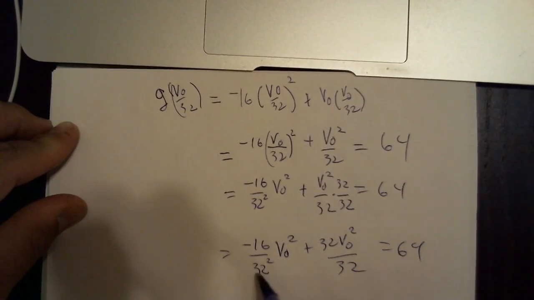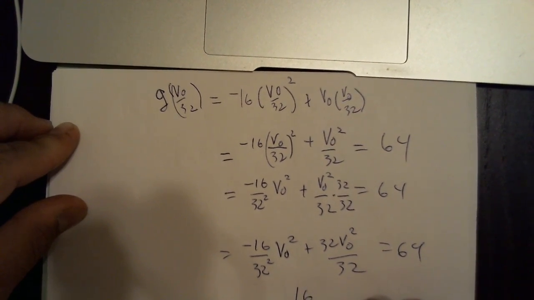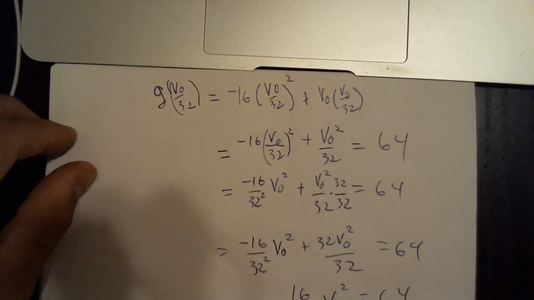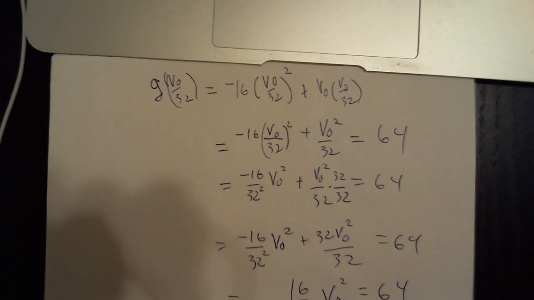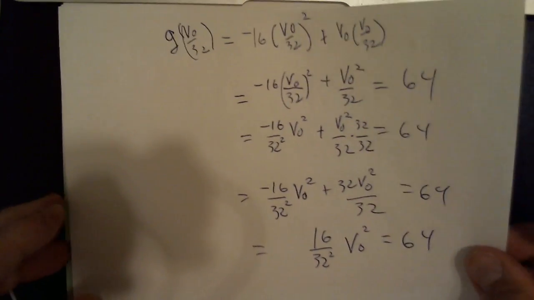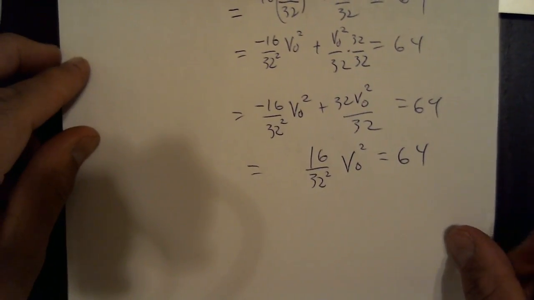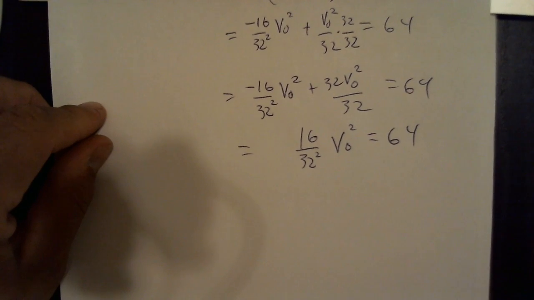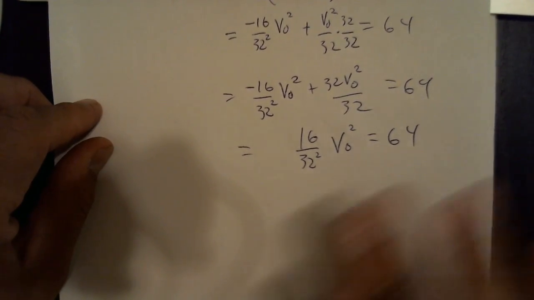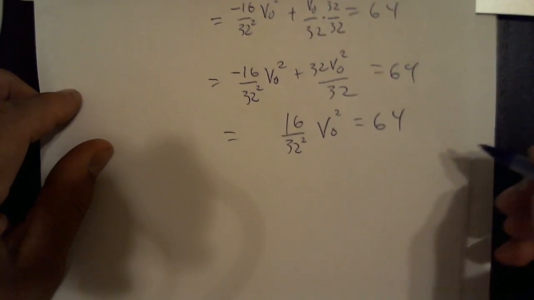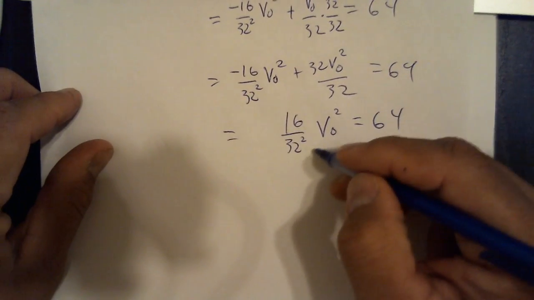Adding these up, this gives me 16 over 32 squared times v0 squared equals 64. Notice I haven't multiplied any of these out; we don't have a calculator, so I'm doing all the work assuming that.